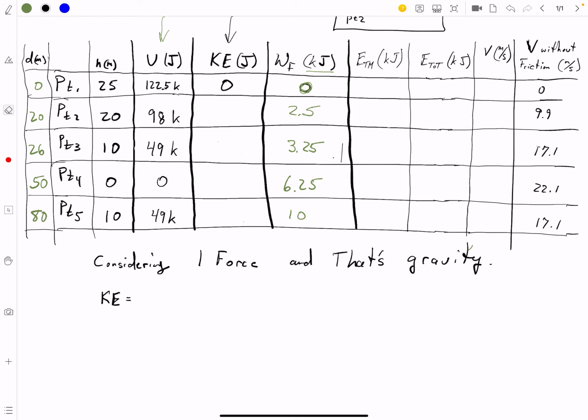Let's not start with what it's equal to. Let's not try and figure out what that is. Let's do this instead. Our total mechanical energy, we know, is equal to our kinetic energy plus our potential energy.